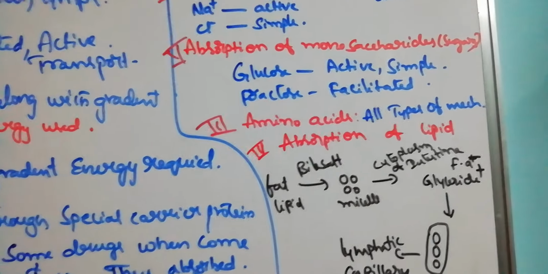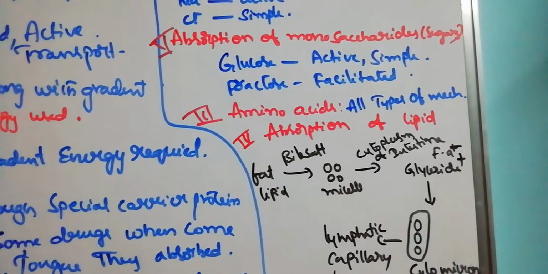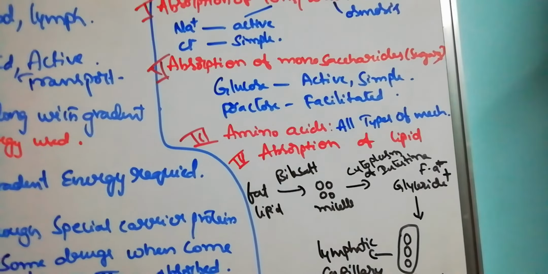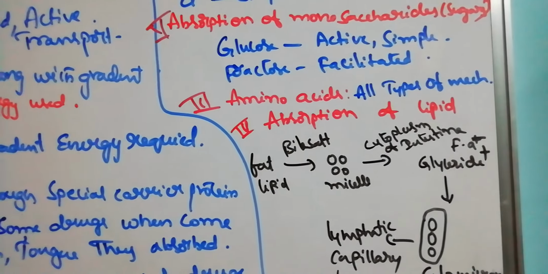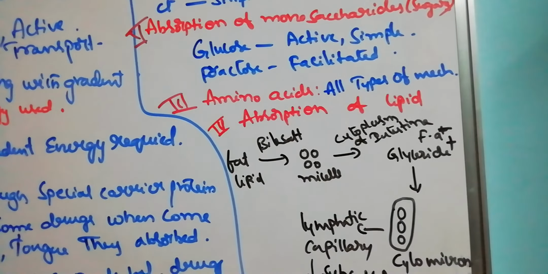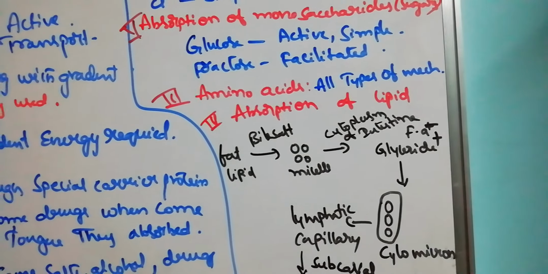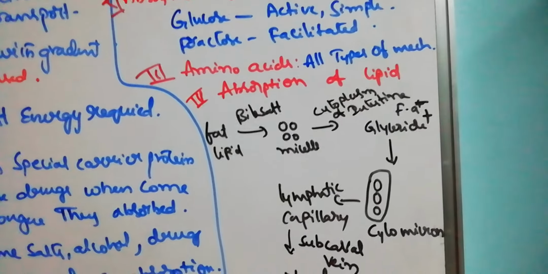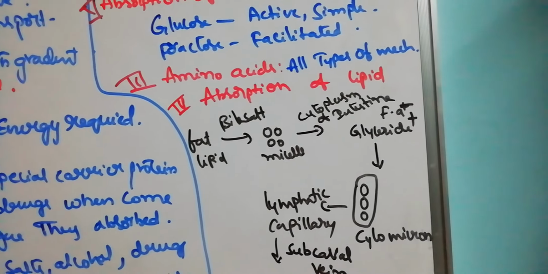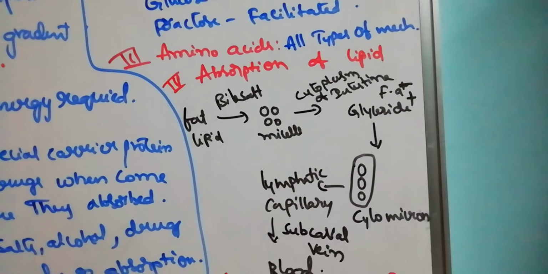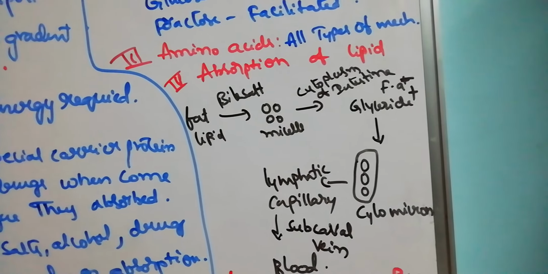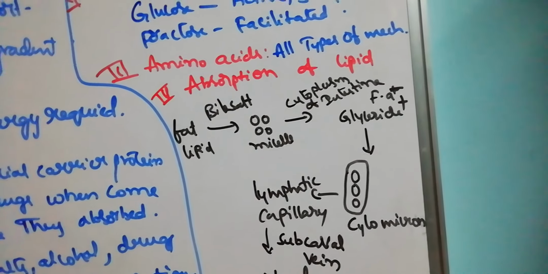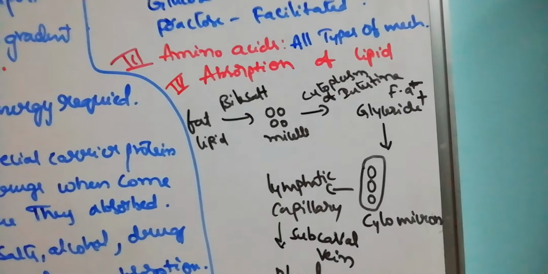In emulsification, they form micelles. These micelles enter the cytoplasm. There, with the help of lipase, they are converted into fatty acids and glycerols. These glycerols and fatty acids are covered with a glycoprotein layer, and we call this a chylomicron.